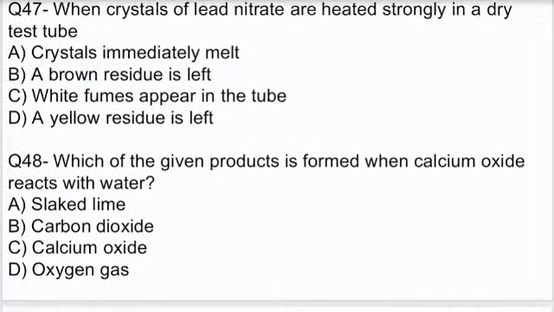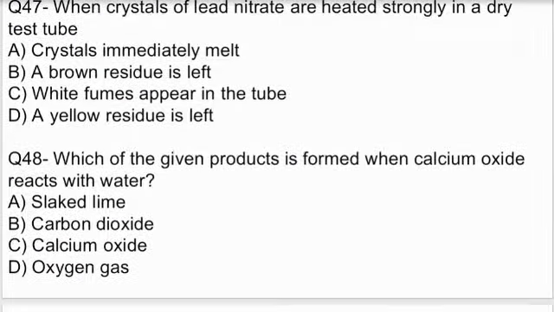The next question. When crystals of lead nitrate are heated strongly in a dry test tube, the options are crystals immediately melt, a brown residue is left, white fumes appear in the tube, a yellow residue is left.